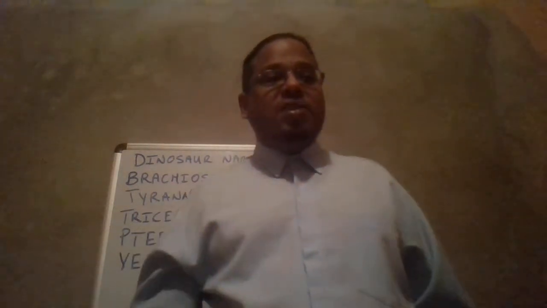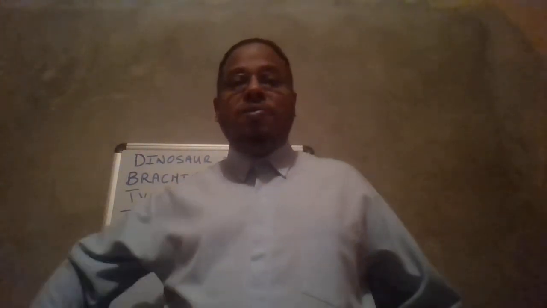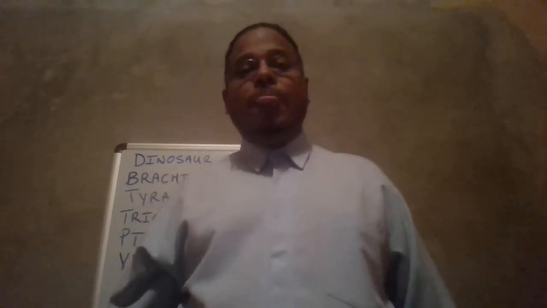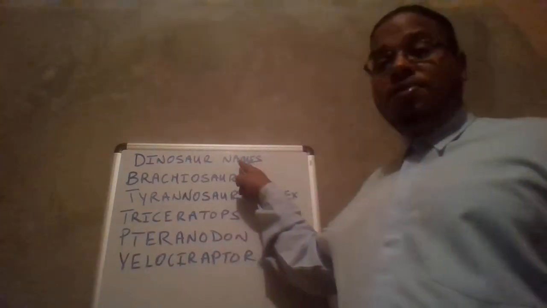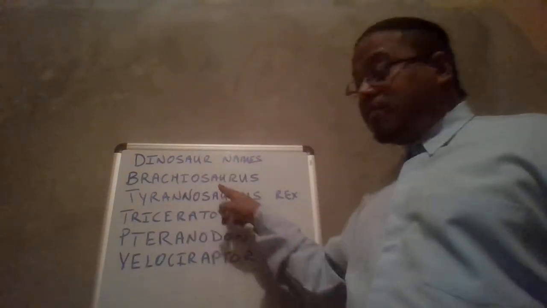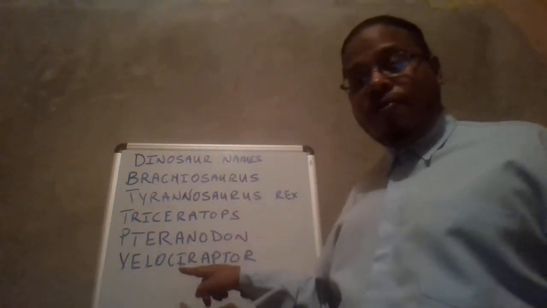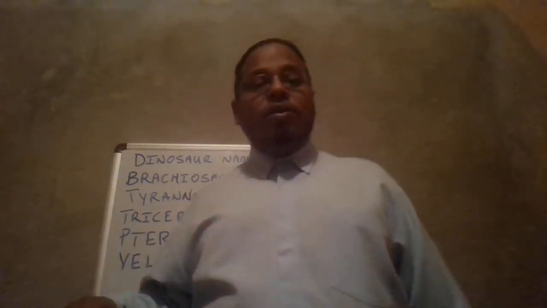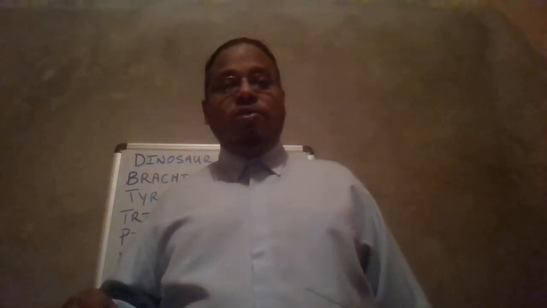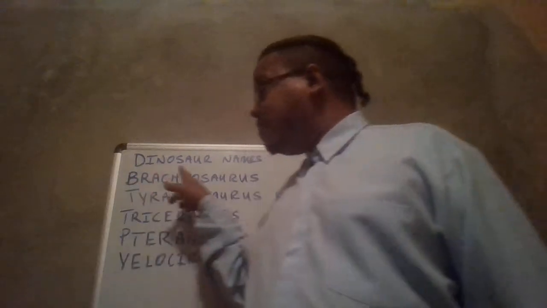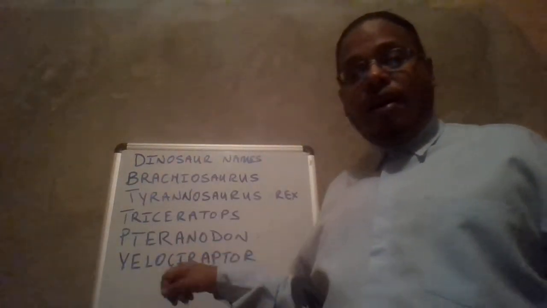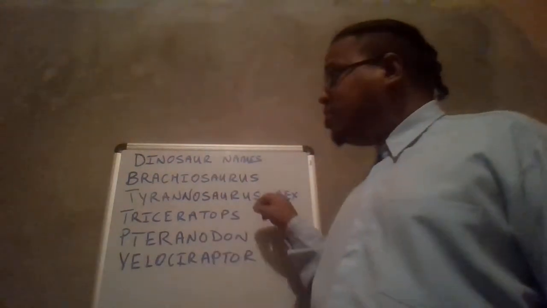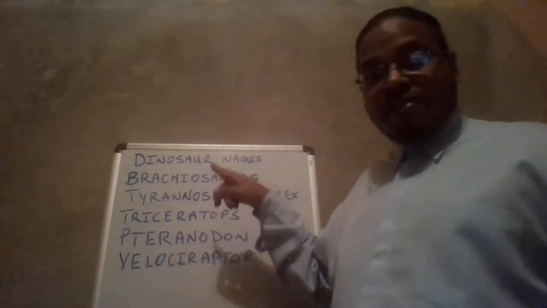The activity is that we are going to be using our computers and searching for the dinosaur names. These are some of the names here. I'll go over them in a bit. You'll search each individual name, and you'll look at each image.